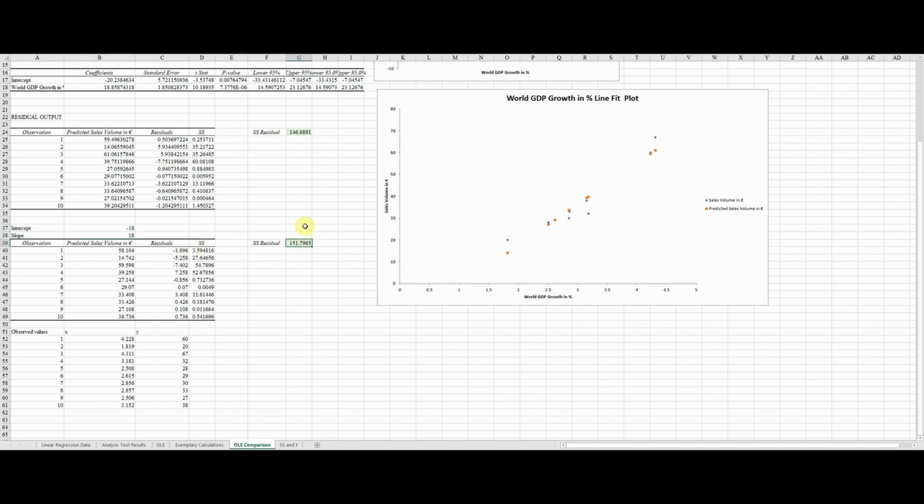So let's see how this changes. This is already quite close to what we calculated, but as you can see, any other value will give us a larger sum of squares residual. So the error is always higher if you compare it with the actual value we calculated.